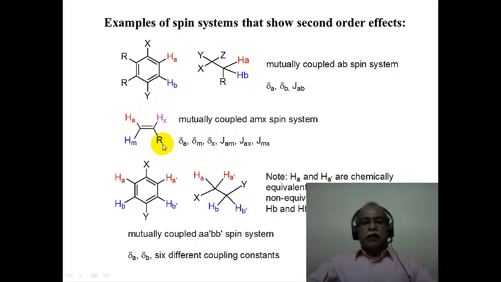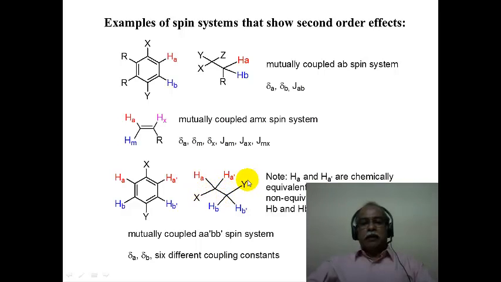Olefinic systems of this type present a very complex NMR spectrum. They can be ABC type or AMX type, depending on the differences in the chemical shift values of the various hydrogens which are mutually coupled to each other. Now, an example of a para-disubstituted benzene derivative is presented here. That constitutes an AA prime, BB prime type of a fairly complex spin system. So is this particular disubstituted ethane derivative, for example.